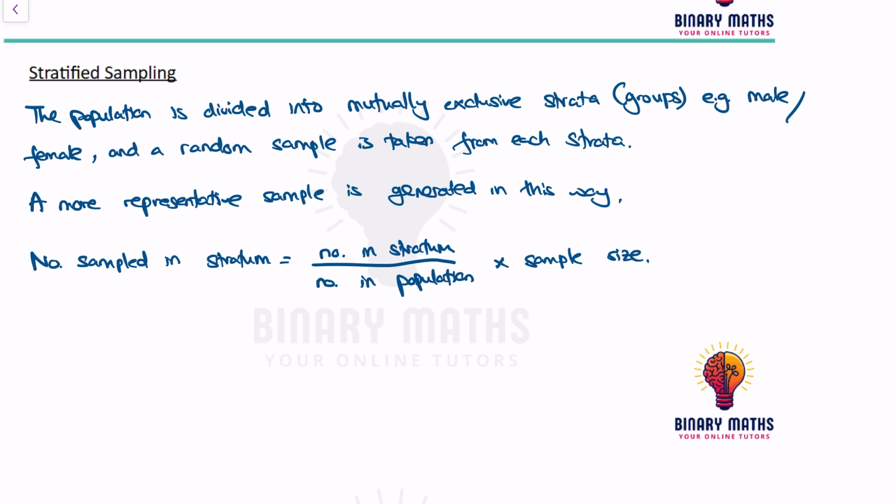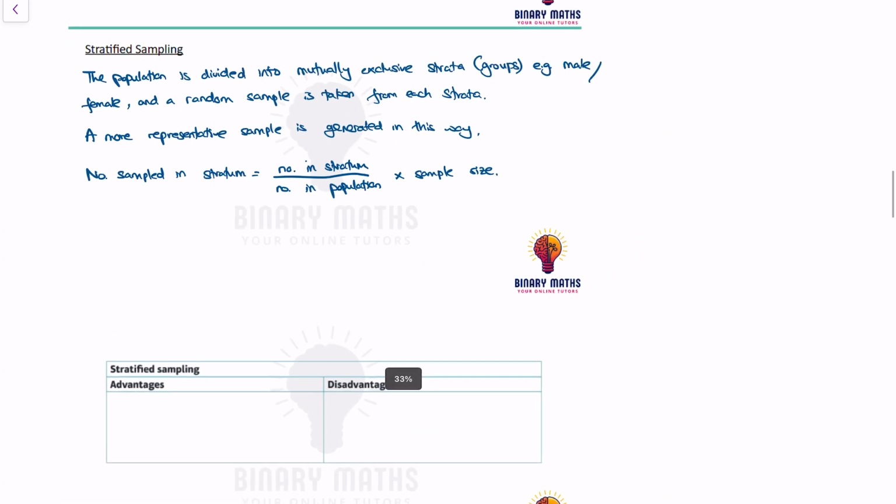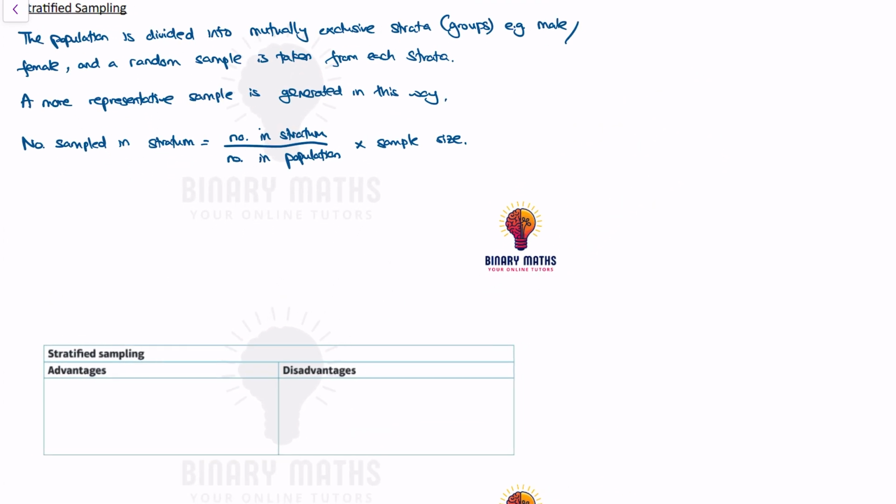Again, the number sampled in stratum is equal to number in stratum divided by number in population times by sample size. Now you need to know the advantages and disadvantages of the stratified sampling.